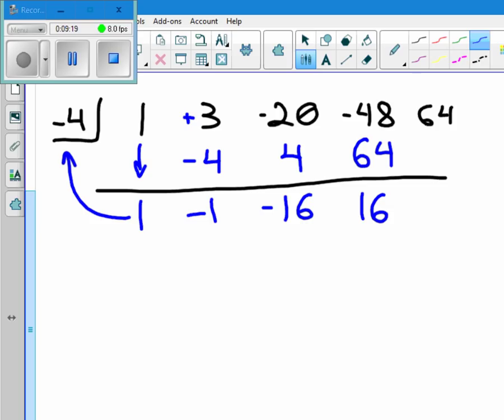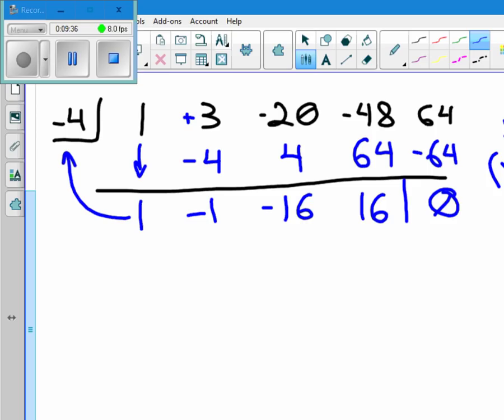And then 16 times -4 is -64. There's my 0 remainder. So that means x equals -4 is a root, and x plus 4 is a factor.